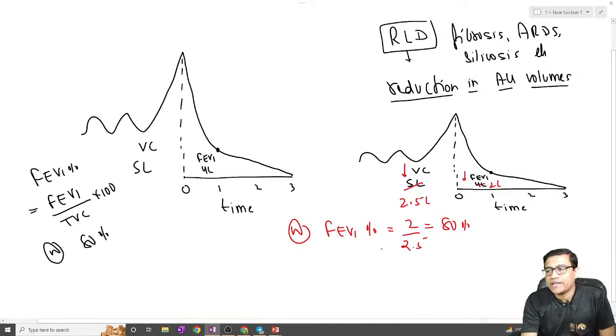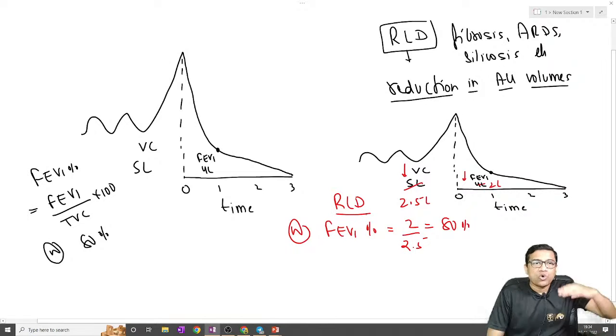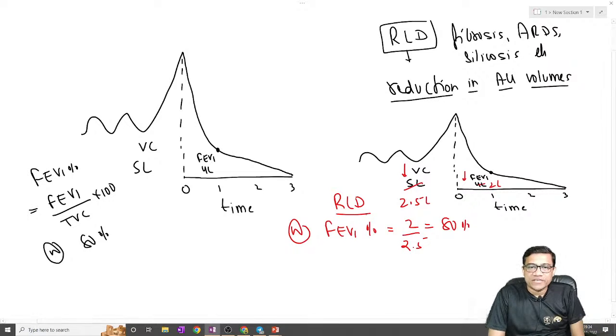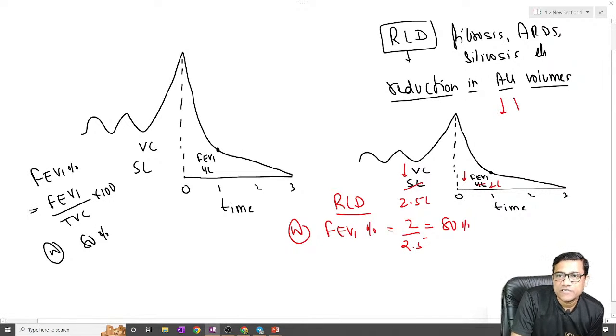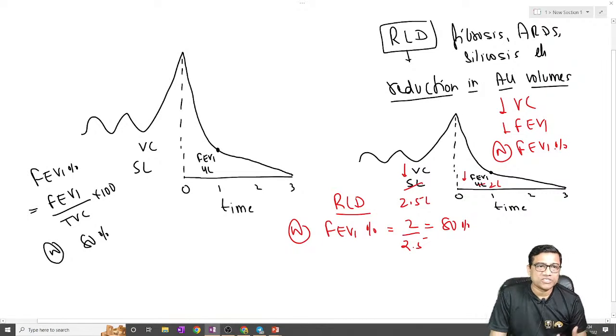So that's why in RLD, what remains the same? In RLD, FEV1 percentage is not decreased, only the volumes decrease. So VC decreases, FEV1 decreases, but the FEV1 percentage stays normal. Now in obstruction, air flows slowly, so it will take more time.